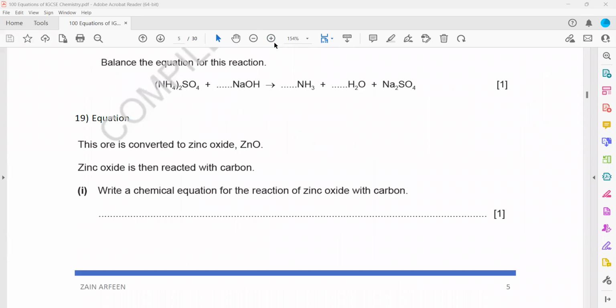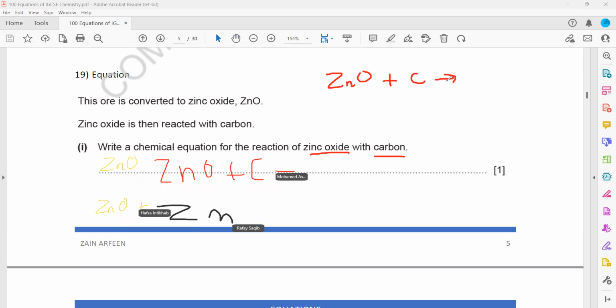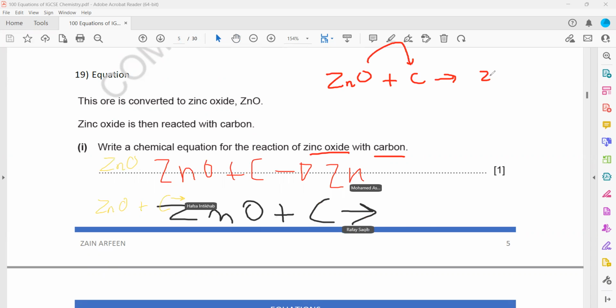In question 19, this ore is converted into zinc oxide. Zinc oxide is then reacted with carbon. Write a chemical equation for the reaction of zinc oxide and carbon. What will the chemical equation be when zinc oxide is reacting with carbon? Carbon or carbon monoxide, both are reducing agents. So what will the product be? As a reduction happens, carbon is a good reducing agent, so it will form zinc metal and carbon monoxide.